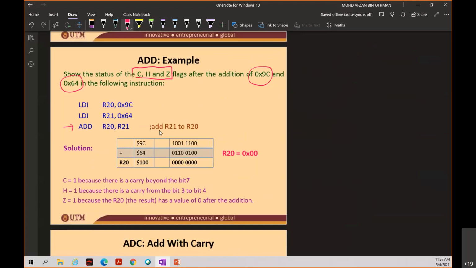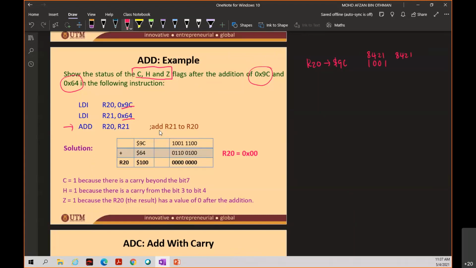So how to do that? We're going to change the hexadecimal value to binary representation. You have 9C for R20. 9C changed to binary, you will get 1001, and what is C?